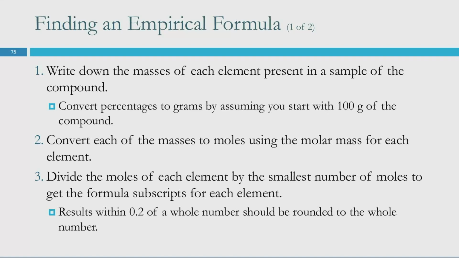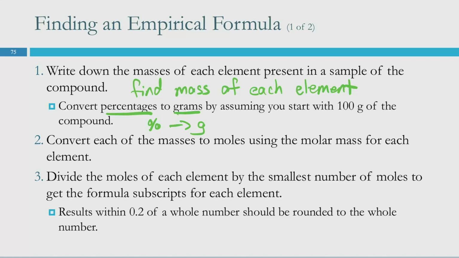Okay, finding an empirical formula, slide 1 of 2. You want to write down the mass of each element. If you're starting with percentages, sometimes you will be, then you can convert the percentages to grams.